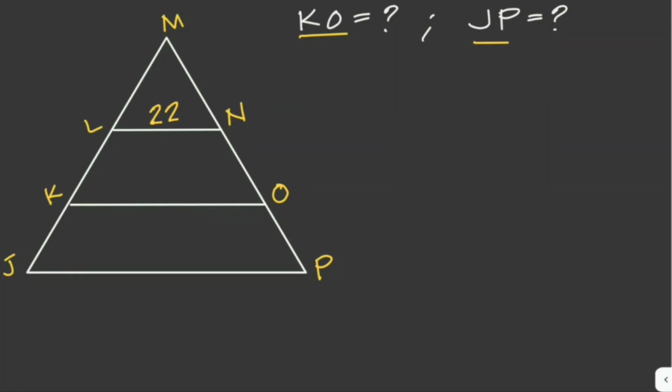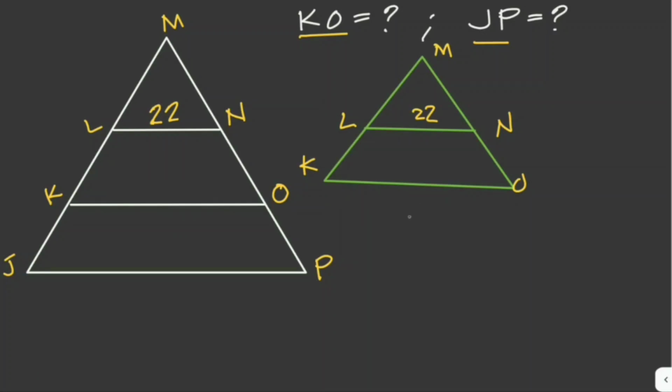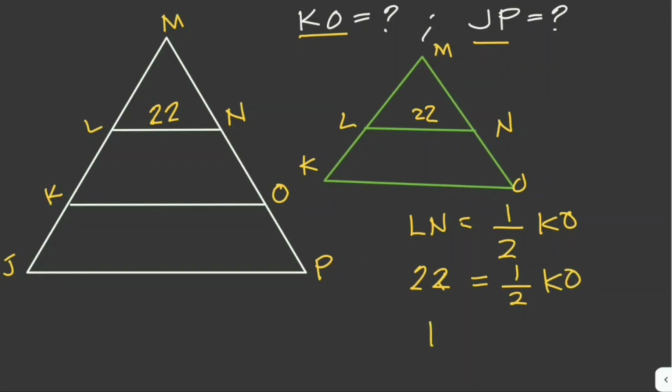So from the midpoint theorem, LN here is just equal to 1/2 of KO. Since we're given the value of LN, we just substitute 22 equals 1/2 KO. Then we can solve for KO. KO is just equal to 22 times 2. So KO is just equal to 44.